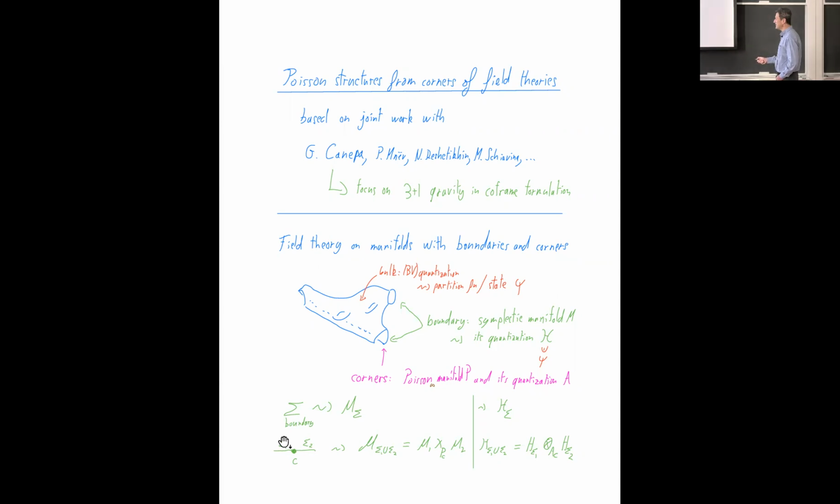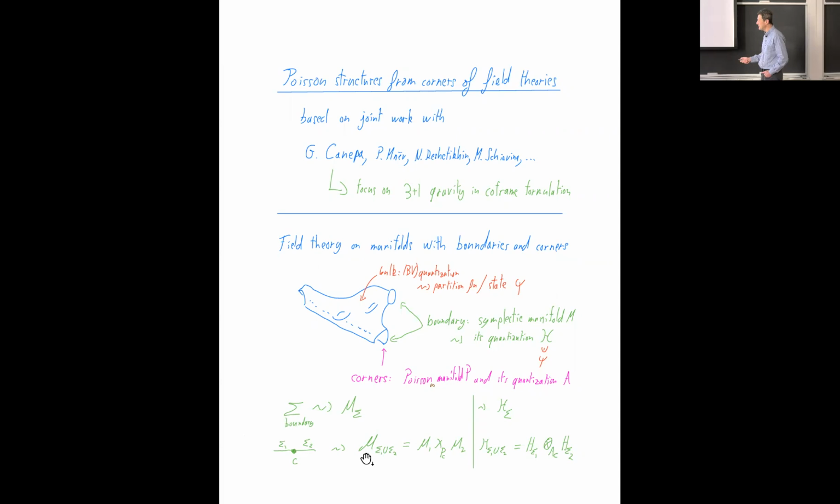And when you compose two boundaries, you should just take the product of the two symplectic manifolds over the common Poisson manifold by doing some coisotropic reduction. So this is the general philosophy, and the point is that in some examples you can really achieve it both at the classical and the quantum level.